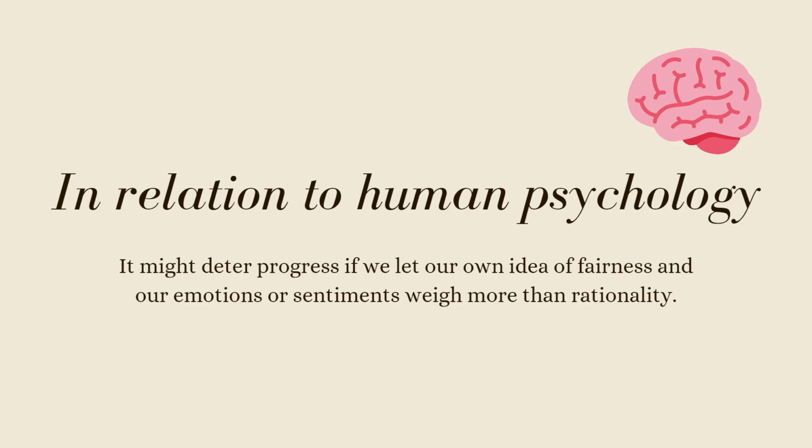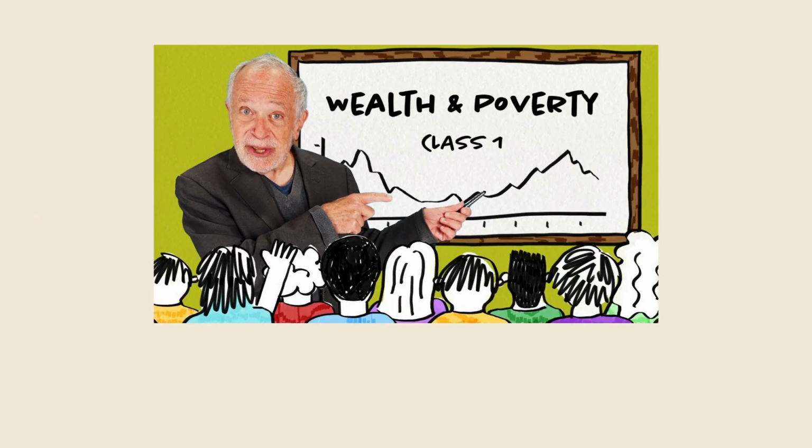And the common example of this, which was given by Robert Reich during one of his wealth and poverty classes, which by the way I recommend you guys watch or take, is someone getting $100 versus you getting $10, with the catch that if one party declines, both will receive nothing.